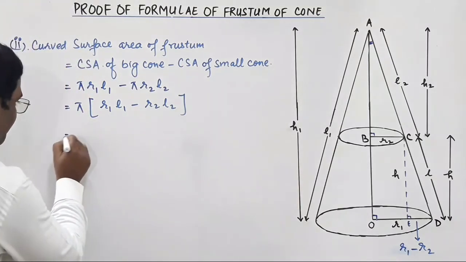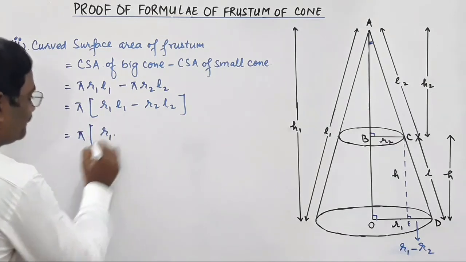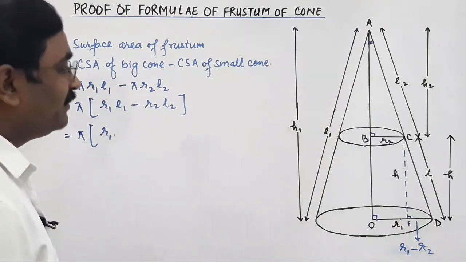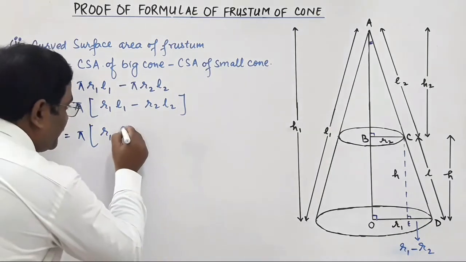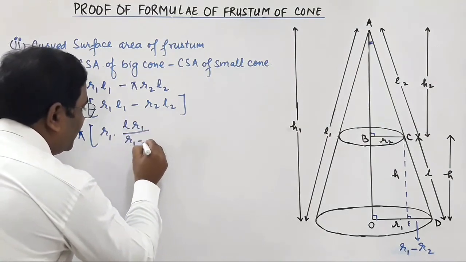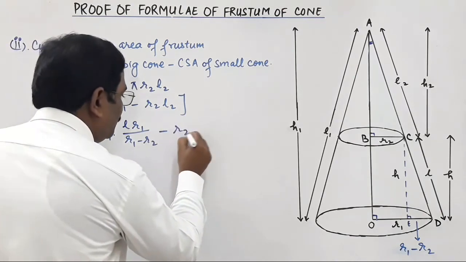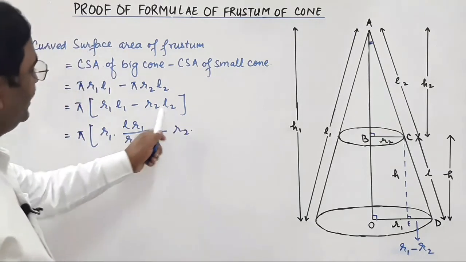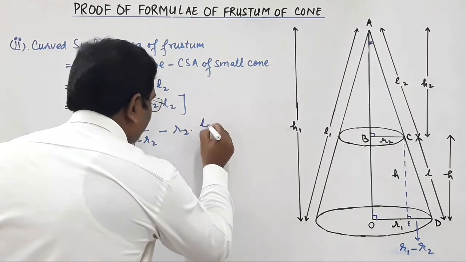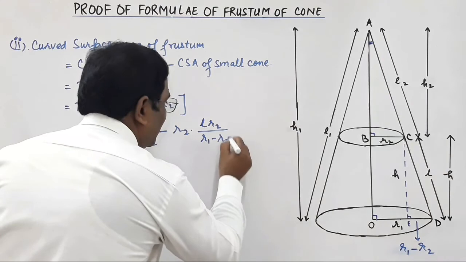So we will get pi, R1 is the same, L1 is equal to, from the second equation, L R1 upon R1 minus R2, minus R2 into the value of L2 from the third equation, which can be written as L R2 upon R1 minus R2.